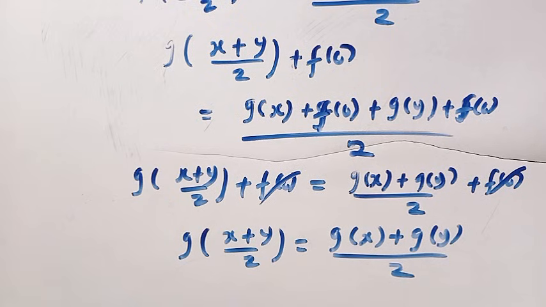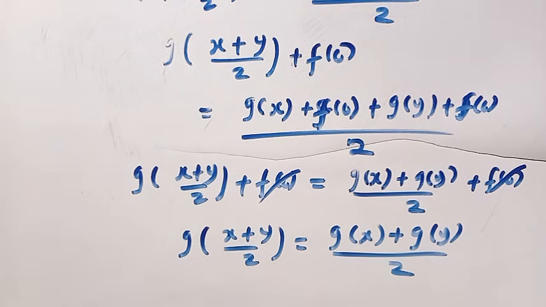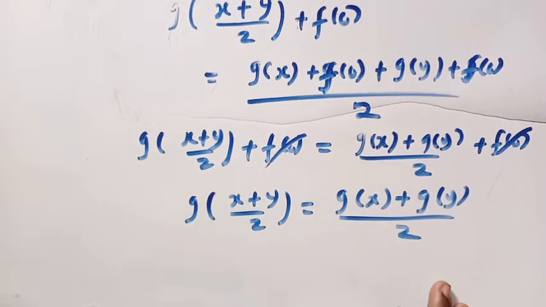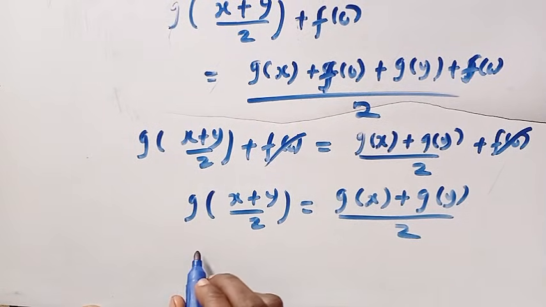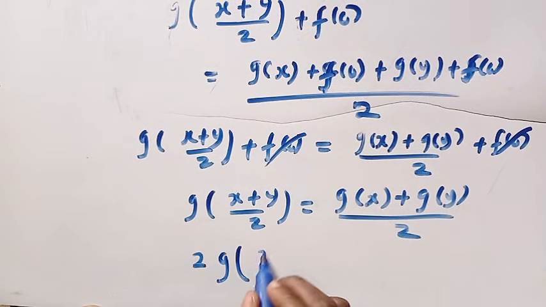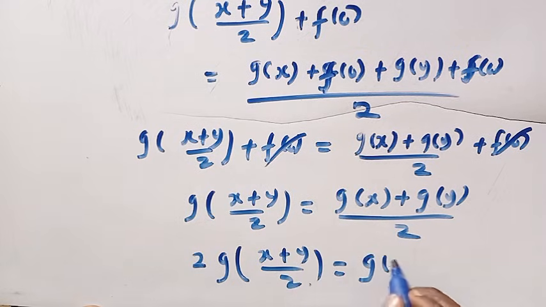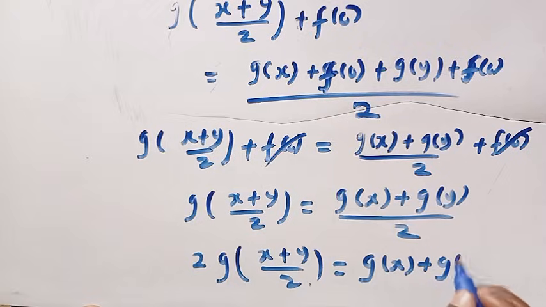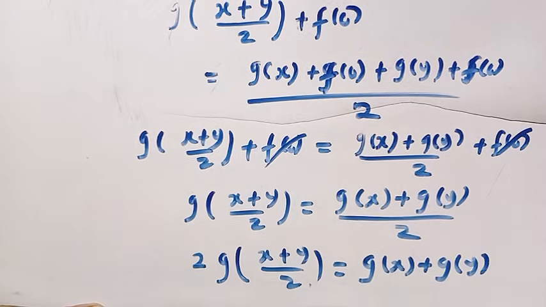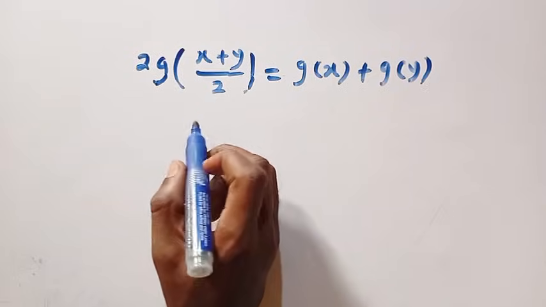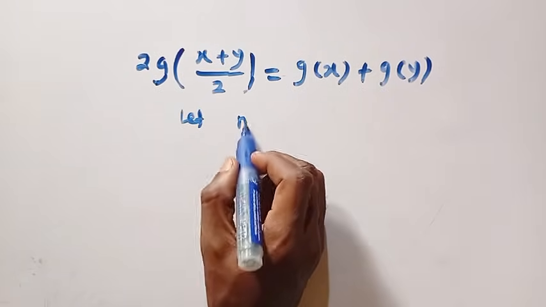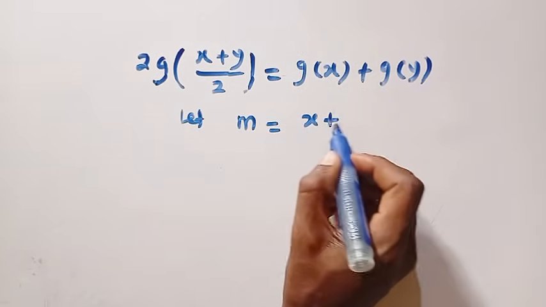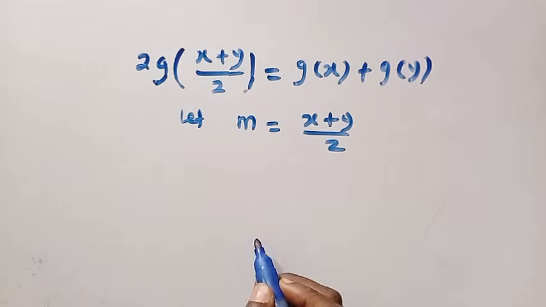So after proving this, let's multiply both sides by 2. We are going to have 2g of (x plus y) over 2 equals g of x plus g of y. And in the next step, suppose I let m equal (x plus y) divided by 2.